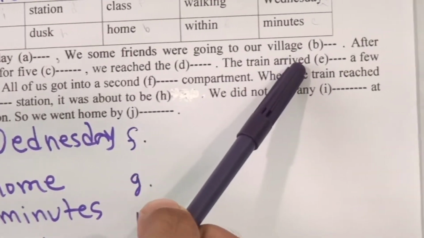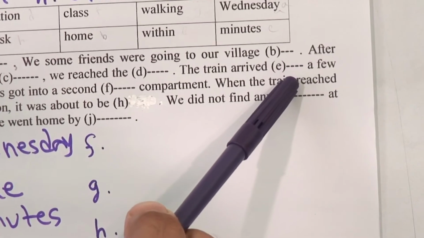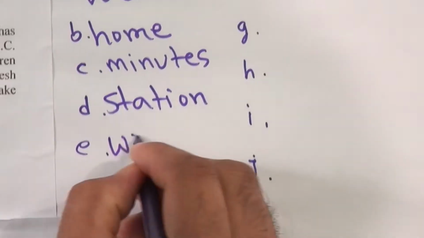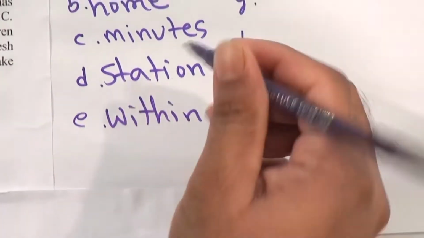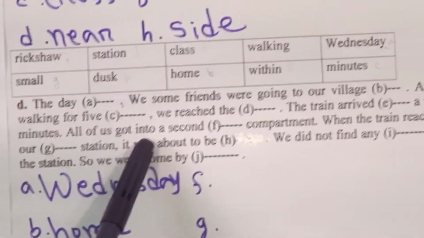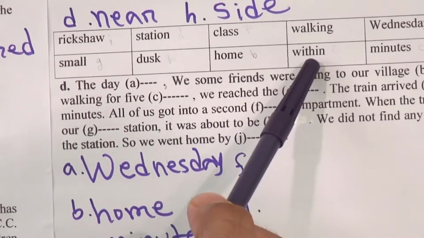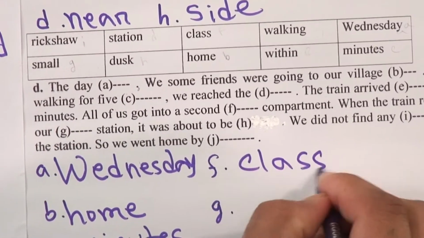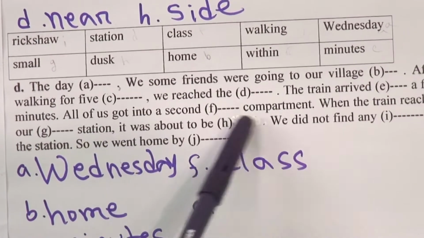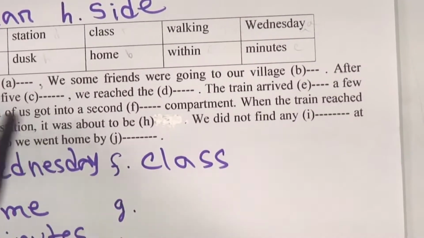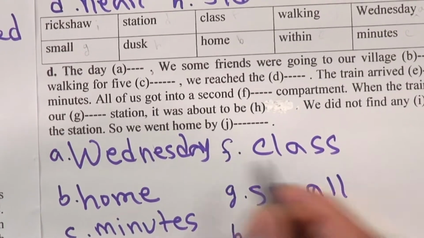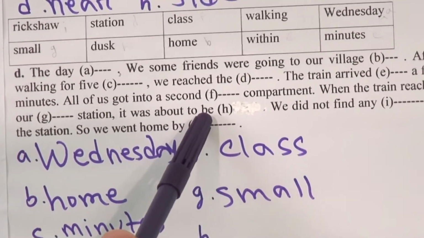The train arrived within. Sorry, it should be within a few minutes. All of us got into a second class compartment. When the train reached our small station, it was about to be dusk.